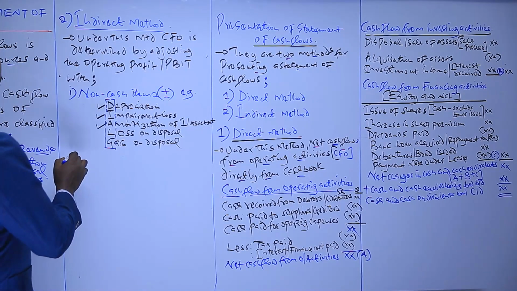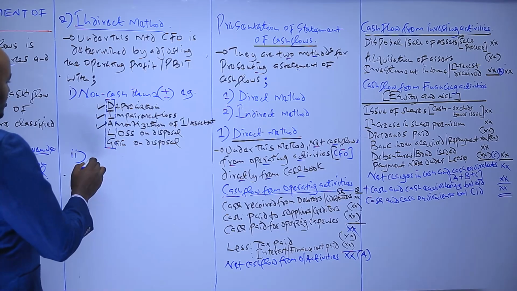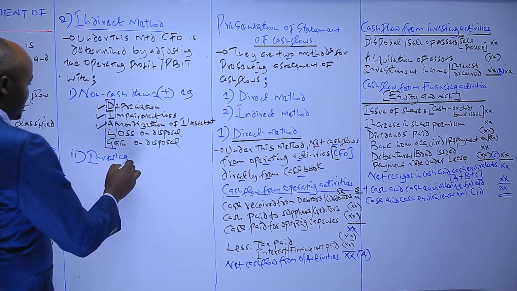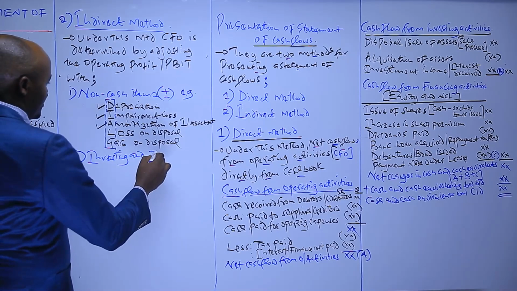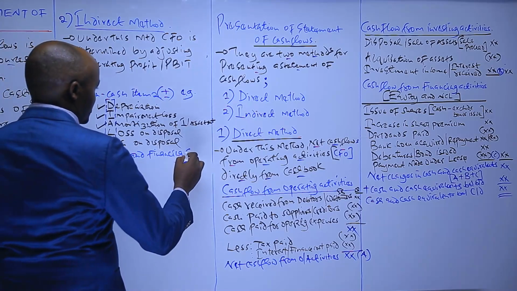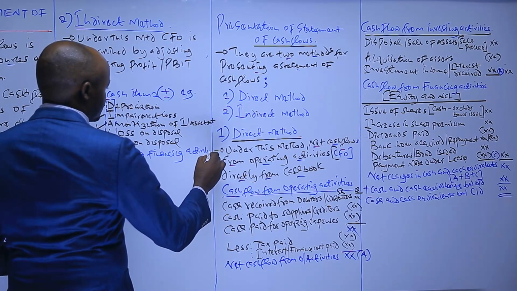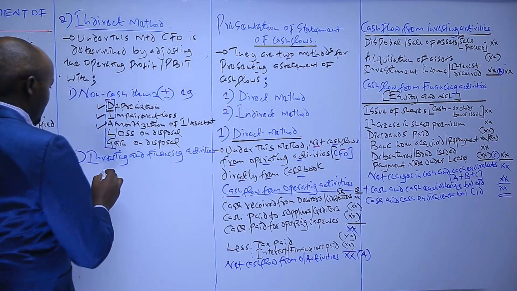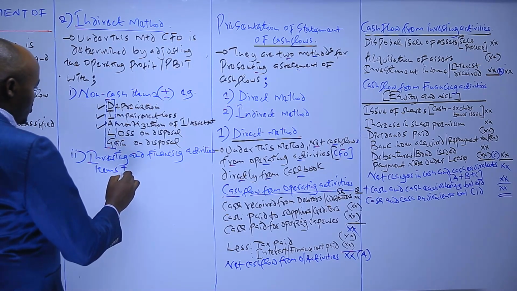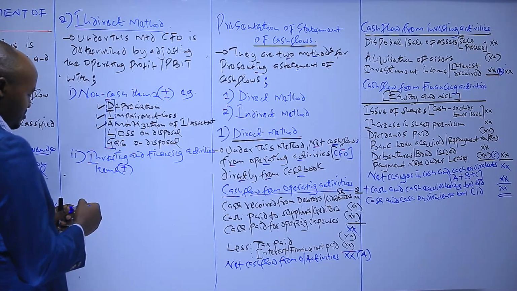So that is the first category of items we adjust in our profit. Number two, we also adjust that profit with the investing and financing activities items added or deducted in arriving at that profit.